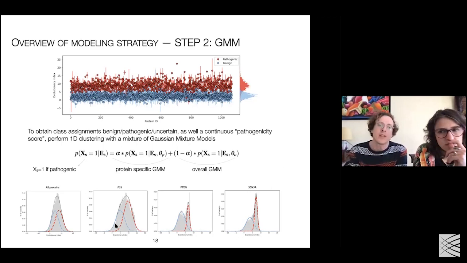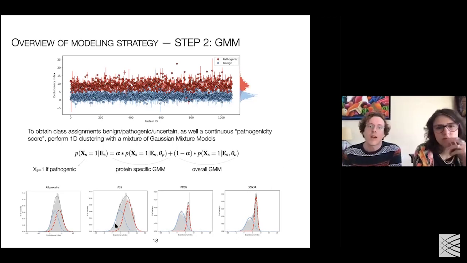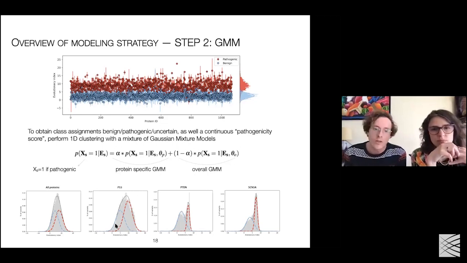In practice, what we did is a mixture of Gaussian mixture models. We took all the scores from all the VAEs across all the proteins that we studied, which was 1,081 in this initial exploration, and we made a mixture model first over all scores. Then we made a second mixture model that was protein specific, and combined the two to get what we call a pathogenicity score.